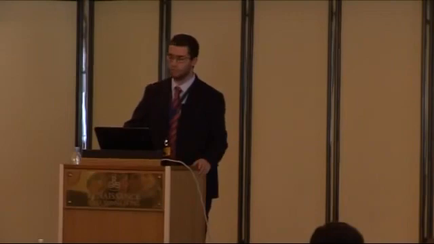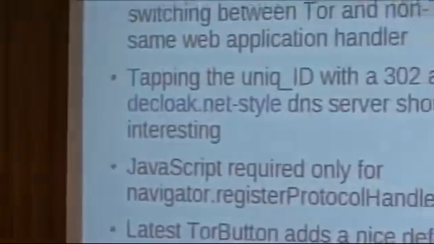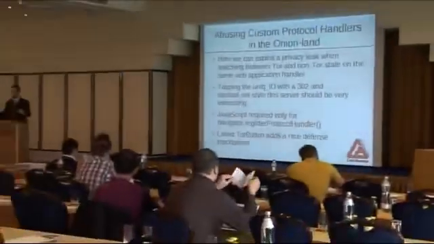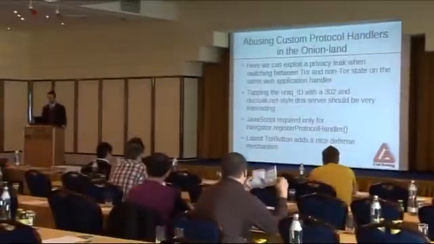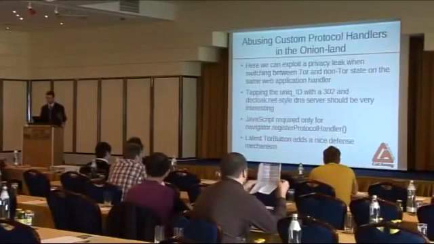If you don't know what cloak.net is, it's a site built by H.D. Moore, the guy from Metasploit, and he's hosting several tools to break Tor sessions. And one of these tools is a particular kind of DNS server, which answers you with the external IP address of the client which is asking something to this DNS server. Pretty strange.